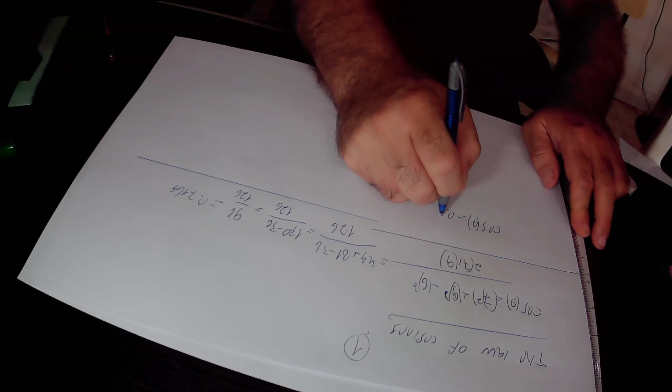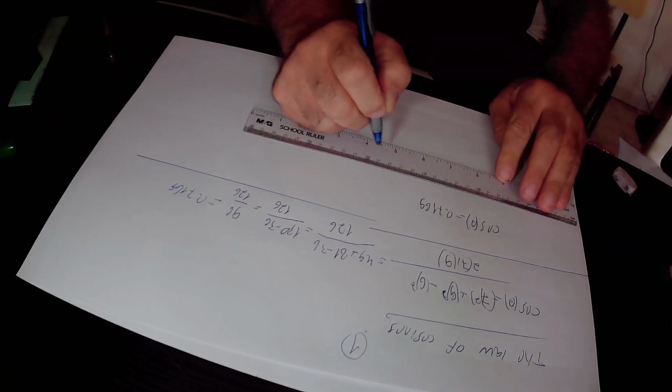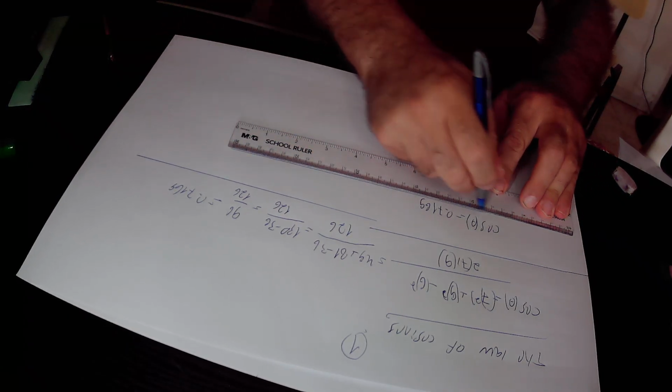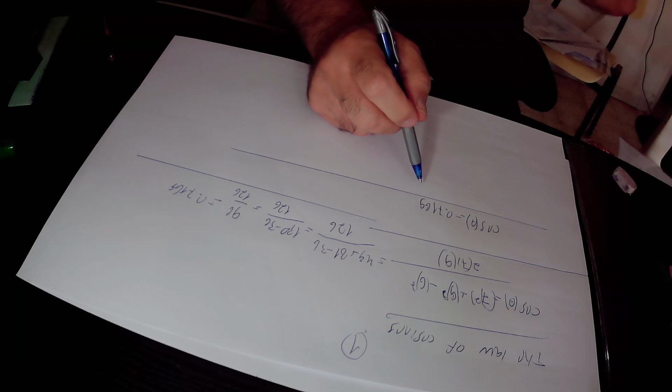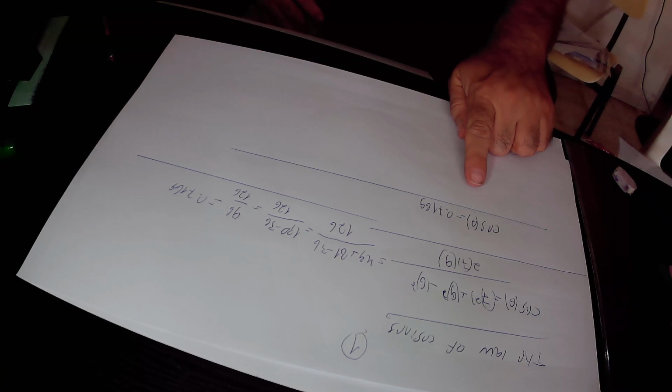So in total we found that cosine theta equals 0.7169. We would like to find the value of theta itself, the size of angle theta.